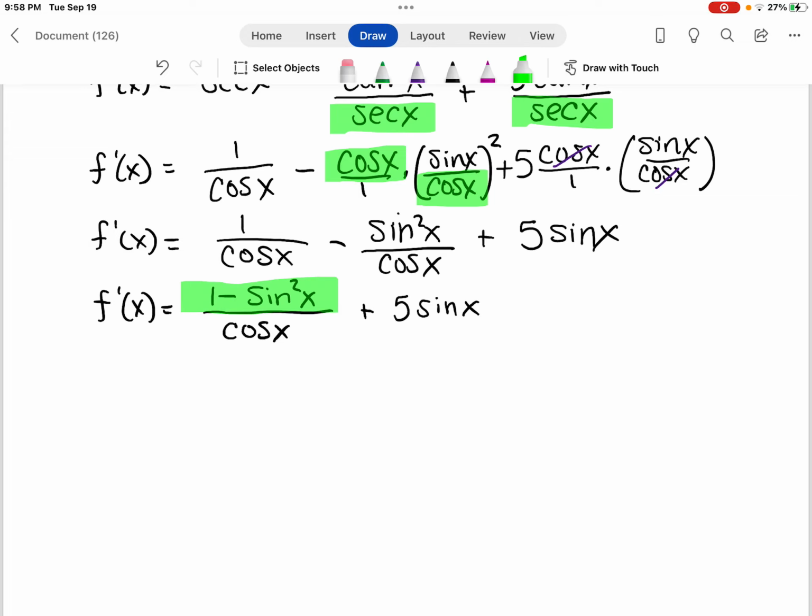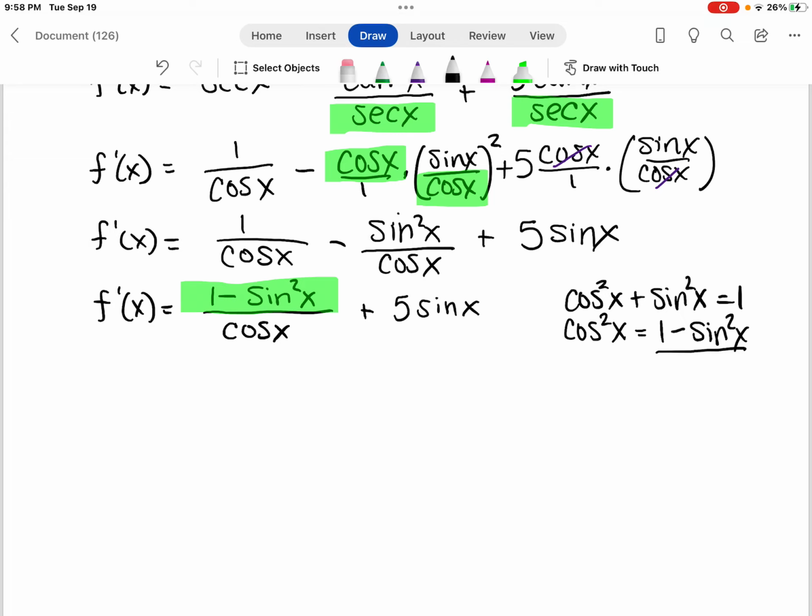This here is one of our famous identities for sine and cosine. Just remember from way back when, we had this identity that cosine squared x plus sine squared x is equal to 1. But if I subtract sine squared from both sides, we get cosine squared x is equal to 1 minus sine squared x.